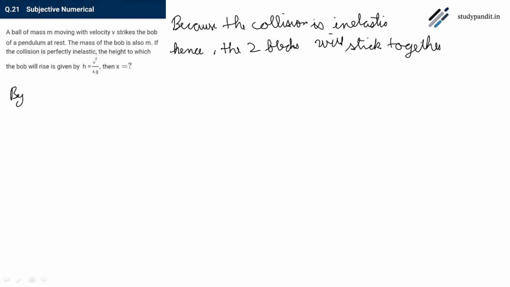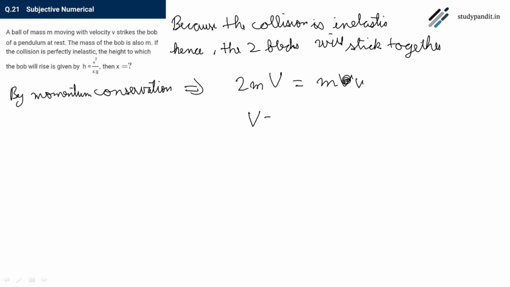By momentum conservation, 2m V, the velocity after collision, equals m v, small v. So what will be the velocity after collision? V equals small v by 2.